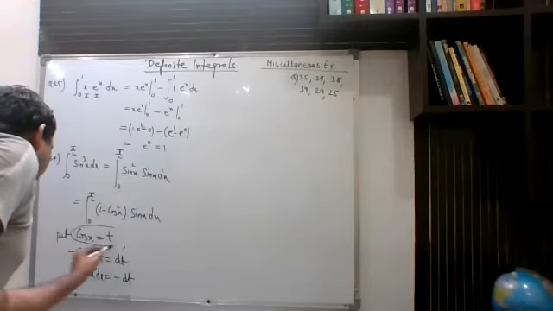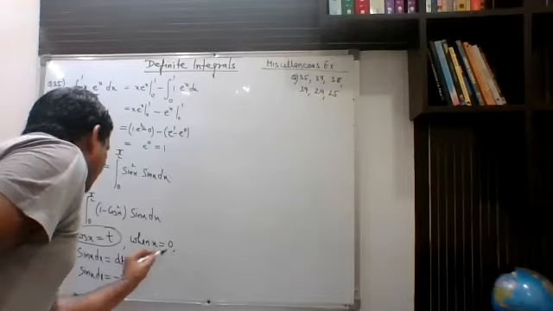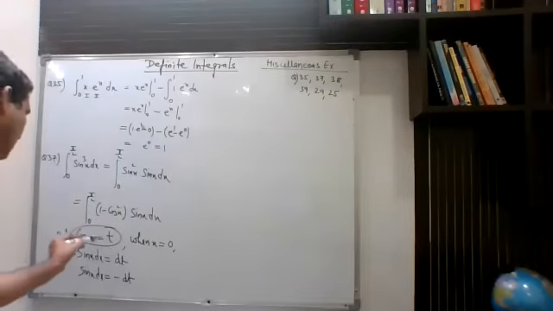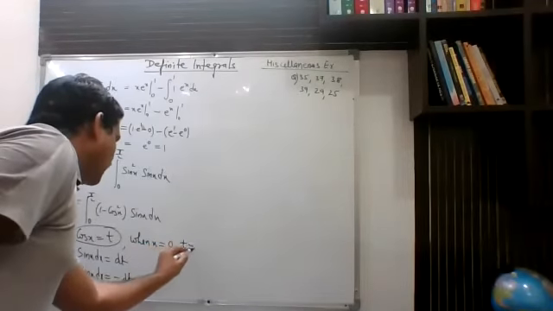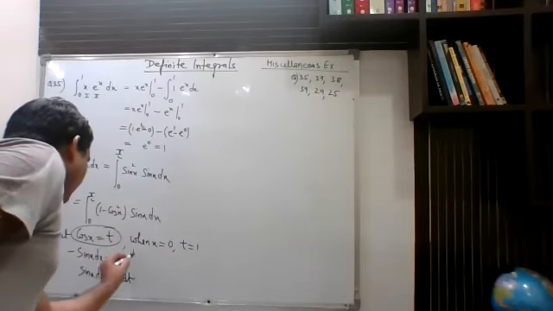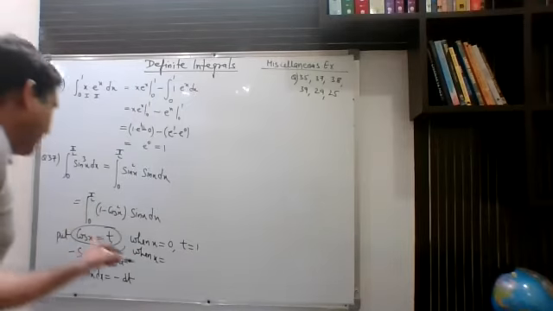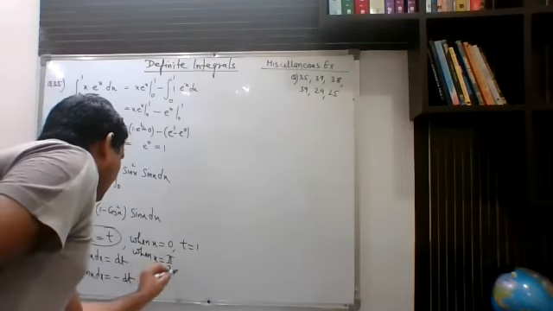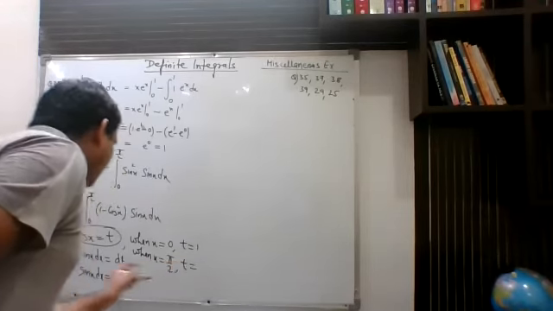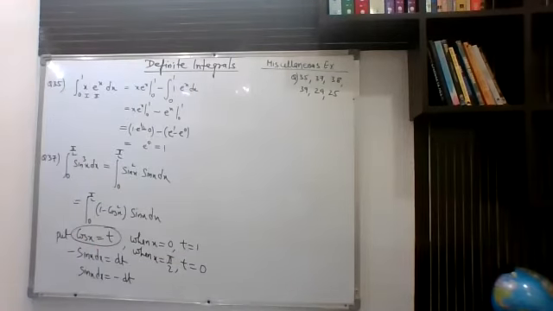When your x is 0, cos 0 is 1, so t is equal to 1. When your x is 90, cos 90 is 0. So these are the new limits.